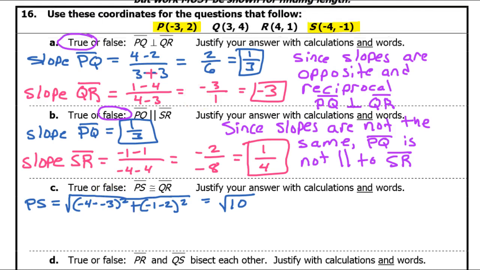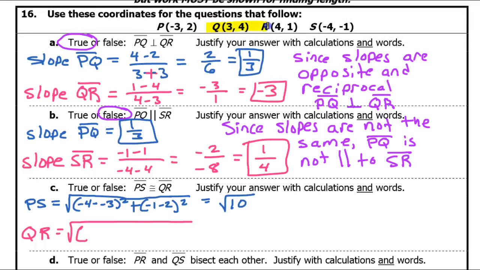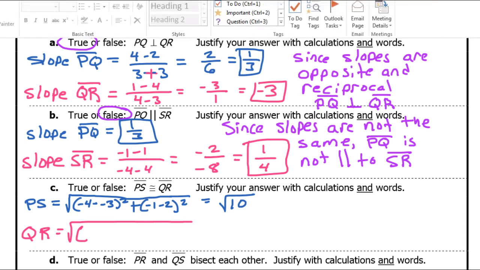So now I'm going to do the same thing for QR. Again, I'm doing x minus x squared. Let me change my highlighting. QR, that's these two.